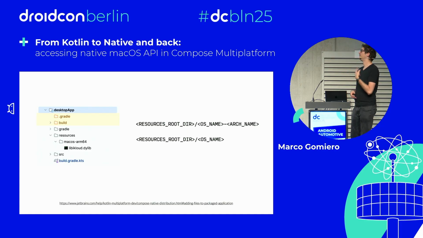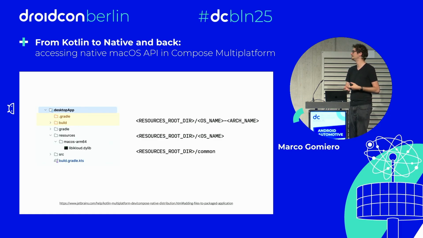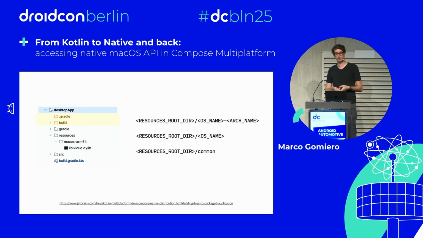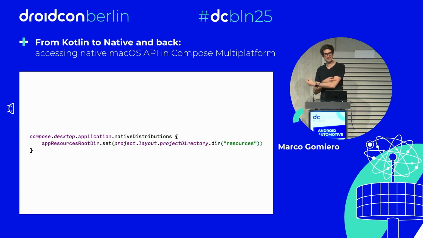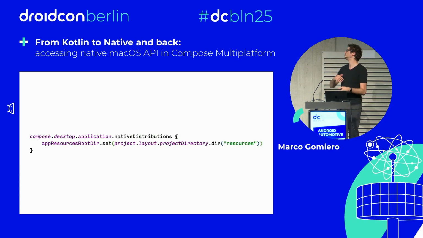Otherwise, you can have it only for a specific OS, Linux, Windows, or whatsoever, or even common if you have common resources that don't have to be native libraries, but could be any kind of resources that you need in your app. And after that, you have, of course, to inform Gradle and the Gradle plugin where that library is. You can call the folder whatever you want, but you have to set the app resource root directory in this way.